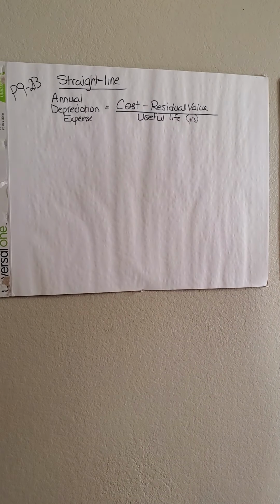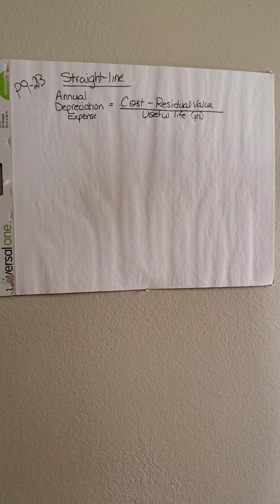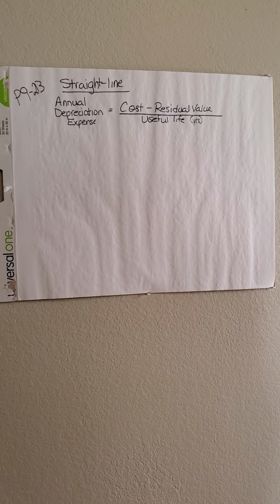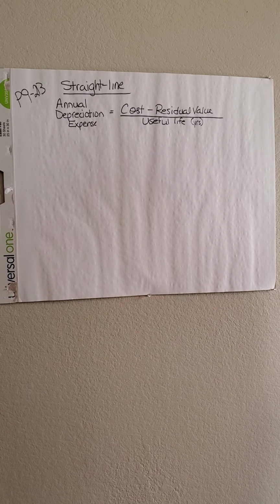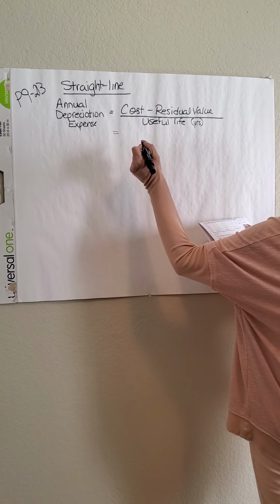Okay? So with straight line depreciation, it's an even amount every year. We use the same amount every year. So once you calculate out your annual depreciation expense, you don't have to do it again. You just make your journal entries each year. So here we've got our cost minus residual value.